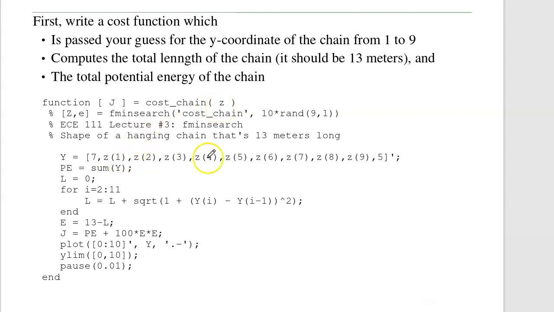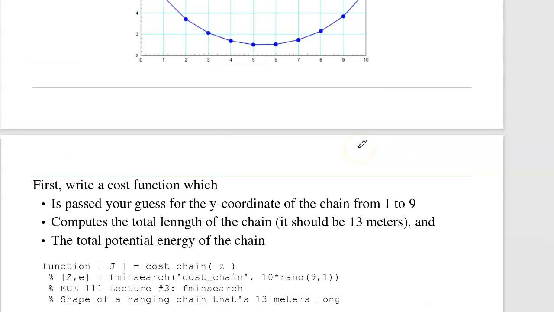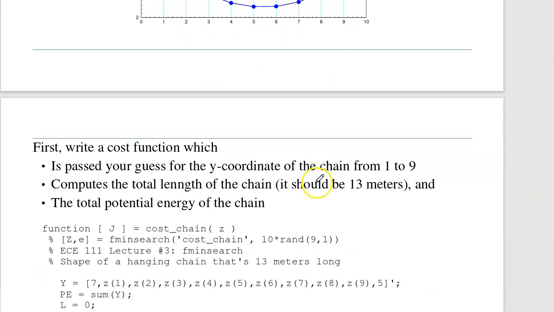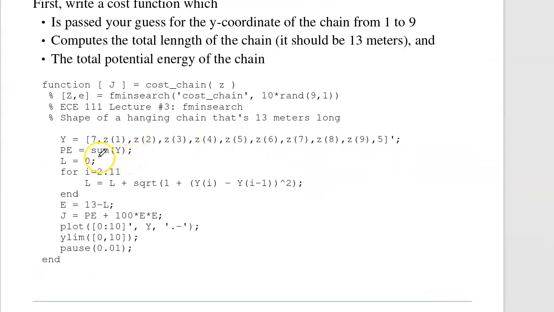So in this case, I'm going to pass the 9 coordinates of the chain, y1 through y9. It will then find the potential energy, the sum of y, and the total length of the chain. The chain should be 13 meters long, and penalize: if the chain isn't 13 meters, it's 100 times the error squared plus the potential energy. Minimize the potential energy. So here's what that looks like.